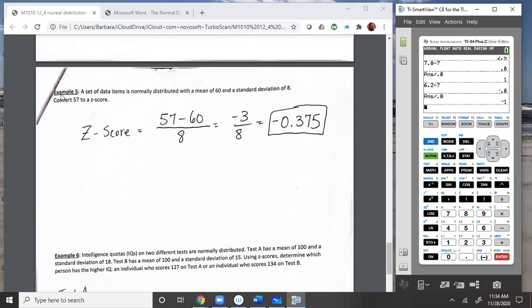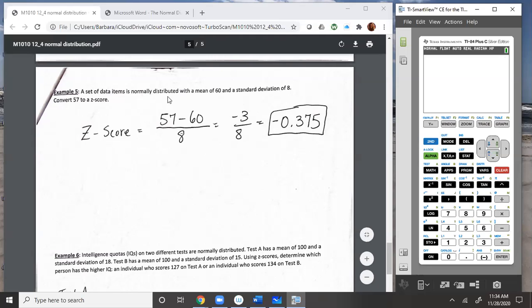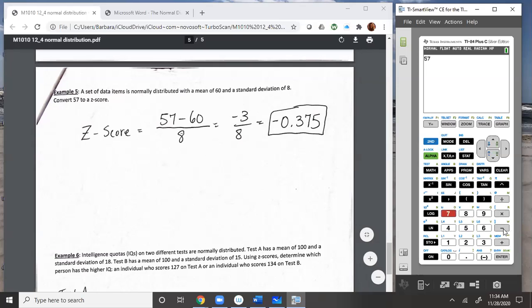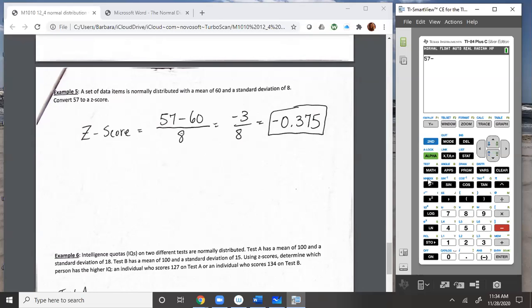All right, in example 5, a set of data items is normally distributed with a mean of 60 and a standard deviation of 8. Convert 57 to a z-score. So again, using the formula, a z-score is x minus x bar divided by s. X here is 57. X bar is 60.